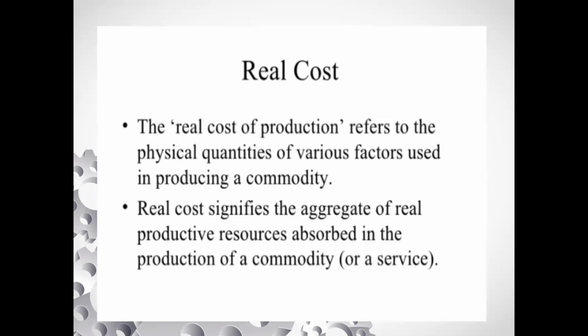See, the real cost of production refers to the physical quantities of various factors used for producing the commodity. That means the cost which is incurred for the process of manufacturing the commodity comes under the real cost.